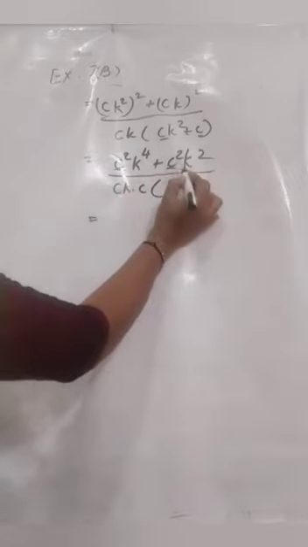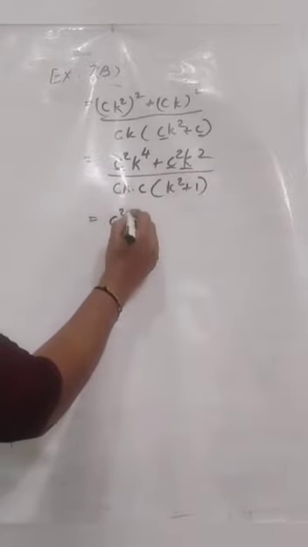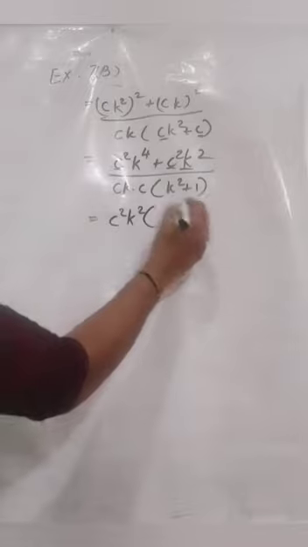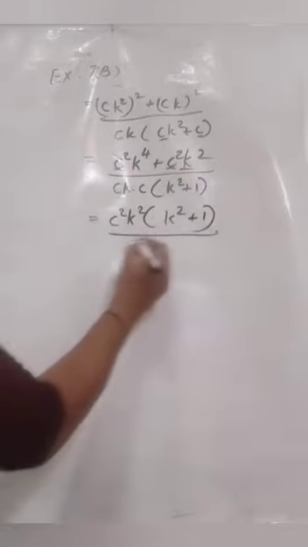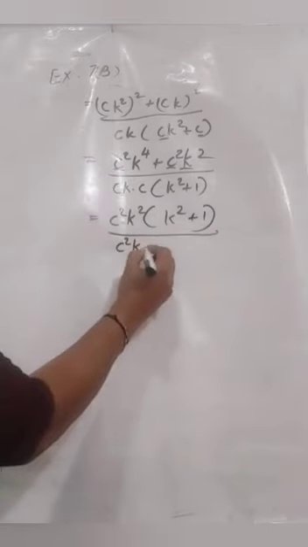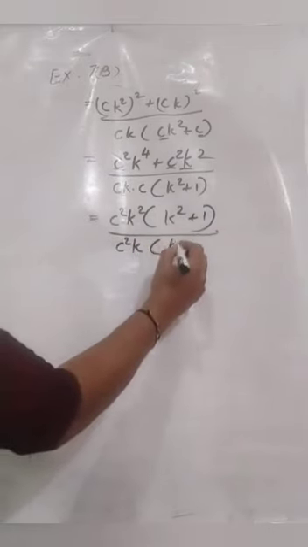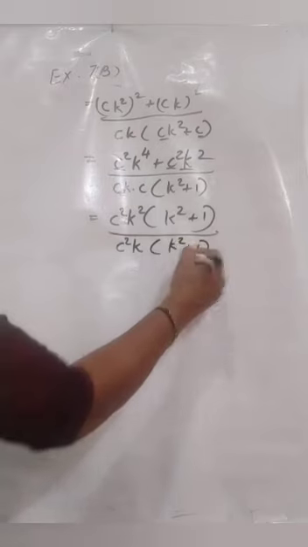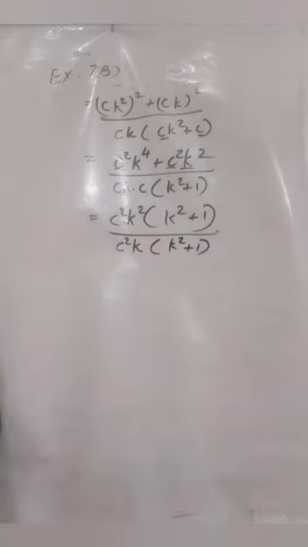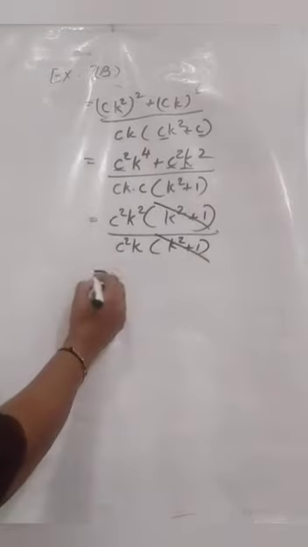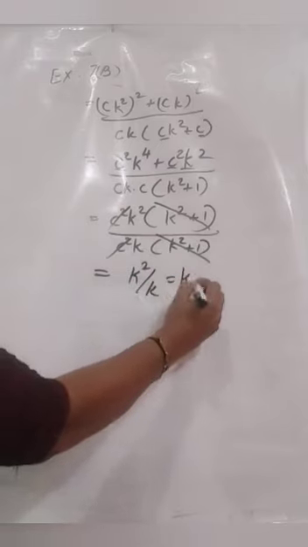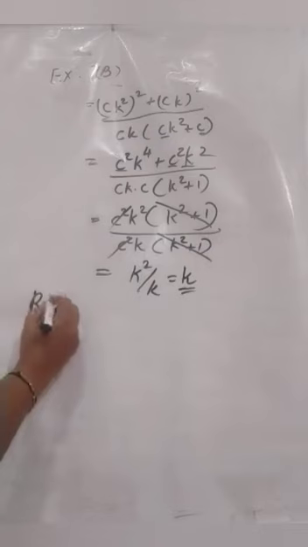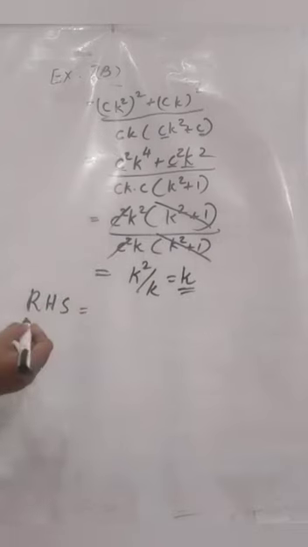Here numerator also C square K square is common. So C square K square into K square plus 1 divided by C square K into K square plus 1. So cancel out K square plus 1 from numerator and denominator. Also C square and C square. So it is K square by K. What is that? K.